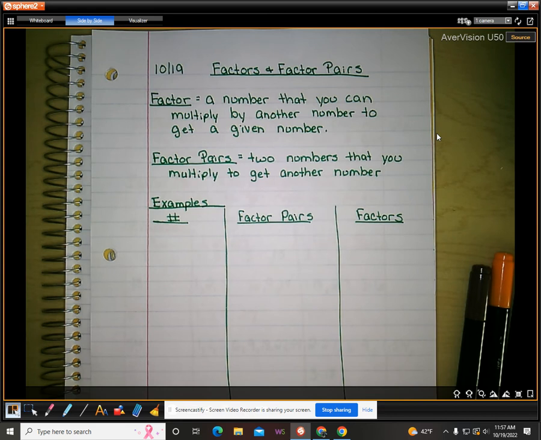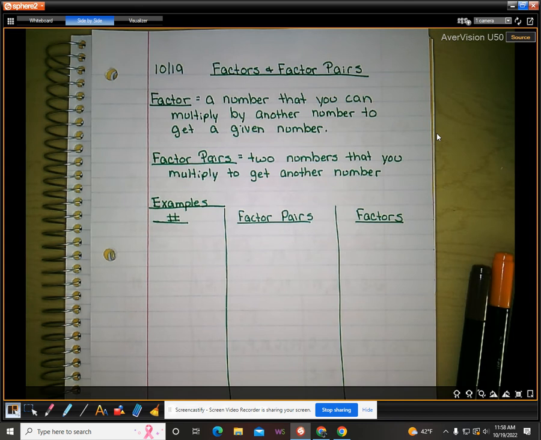Now, if we look at the word factor pair, I just want to talk about pair. P-A-I-R, not P-E-A-R. If you think about a pair of socks, a pair of gloves, a pair of shoes, how many gloves, socks, and shoes are you getting in a pair? 2. So when we look at factor pairs, we are looking at the factors of numbers, but in pairs.